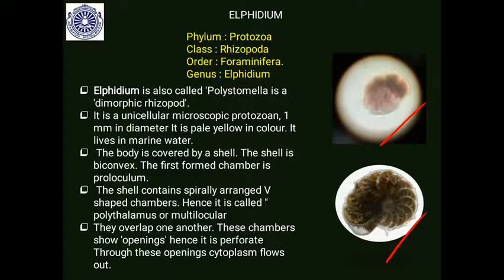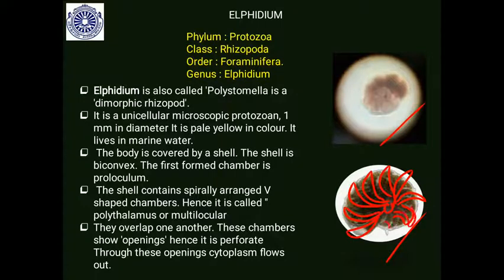Even though it is a single celled animal, the protoplasm or the cytoplasm flows in different shells. You can see how exactly the body is. You will find there is a proloculum, the initial shell, the first formed shell. Then you will find the shells arranged in the form of biconvex shells arranged spirally in several whorls.